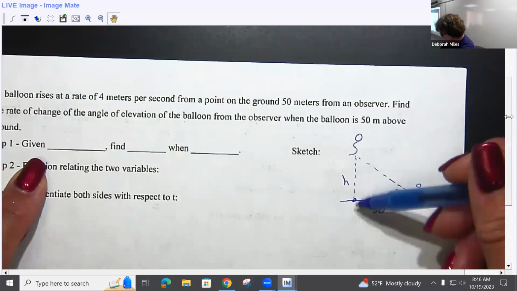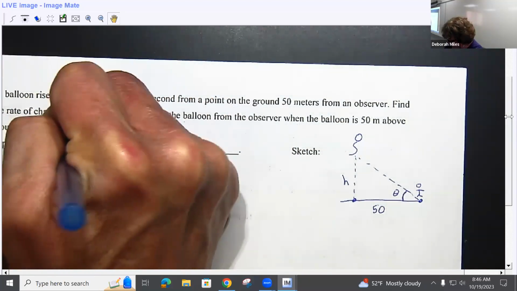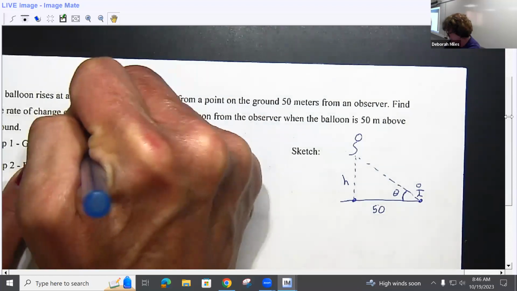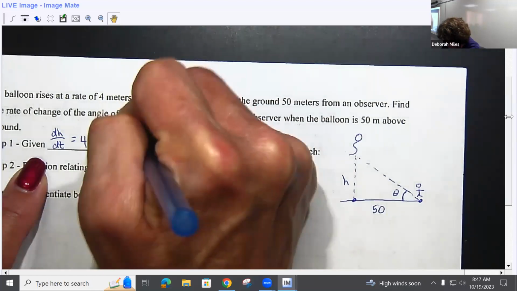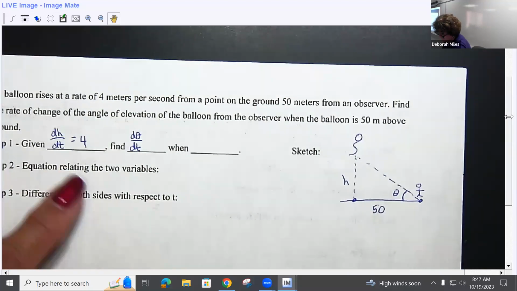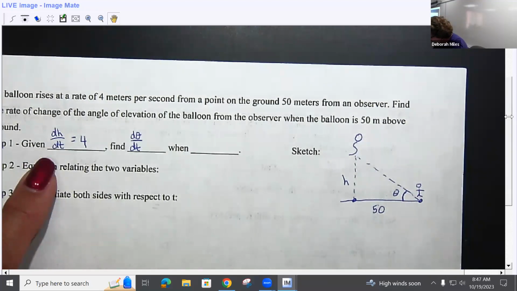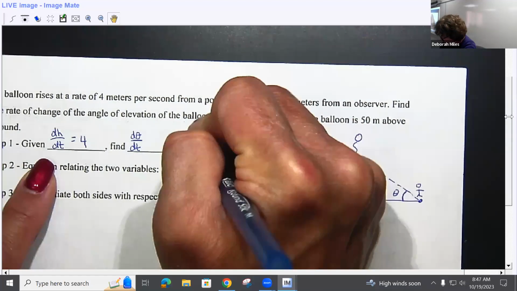That's the rate at which H is changing. So dH over dt is 4 meters per second. Give me a symbol for the thing we're trying to find. Yeah, d theta over dt. When the balloon is 50 meters above the ground, that's when H is 50.